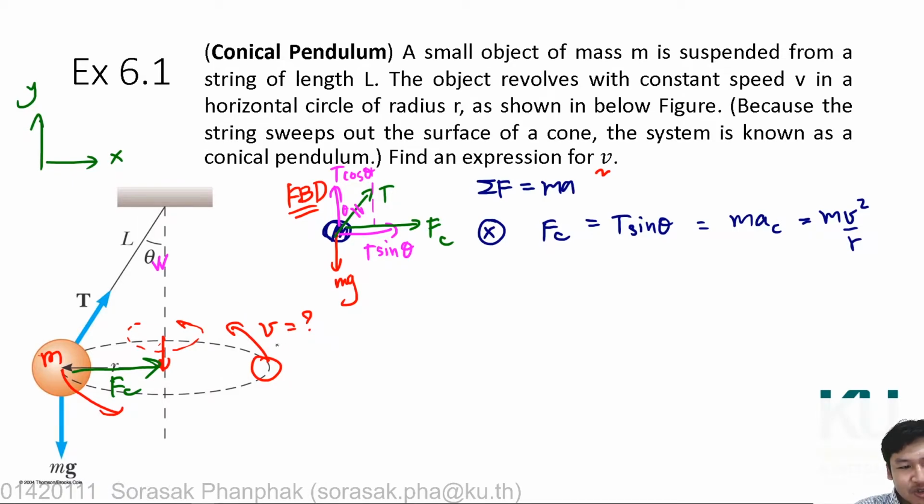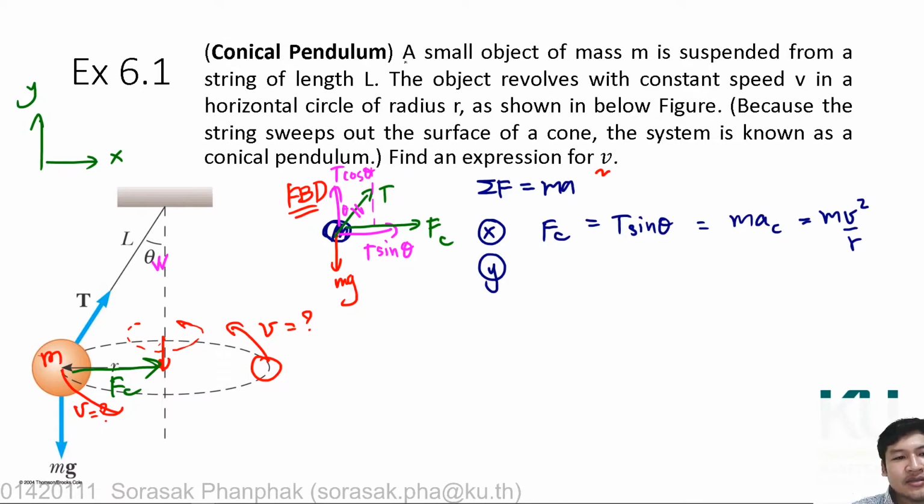That is how you can determine v. And in the y direction? You have nothing moving upward or downward in this case. You have a constant motion with this string length L.